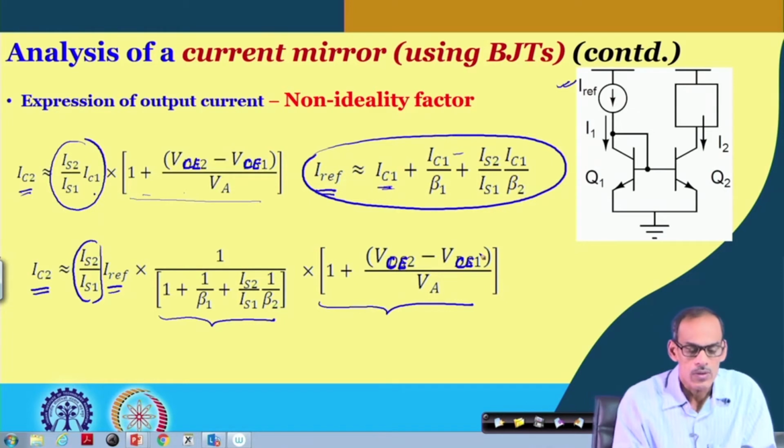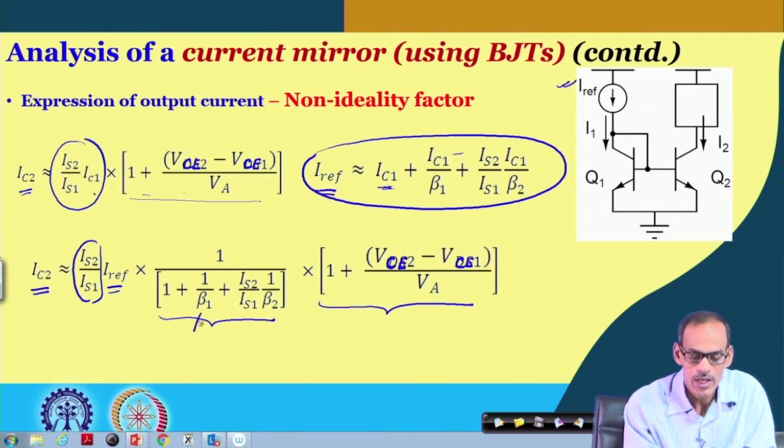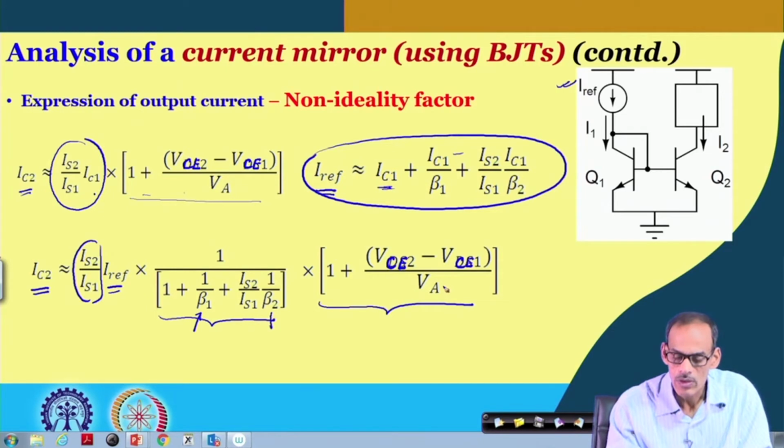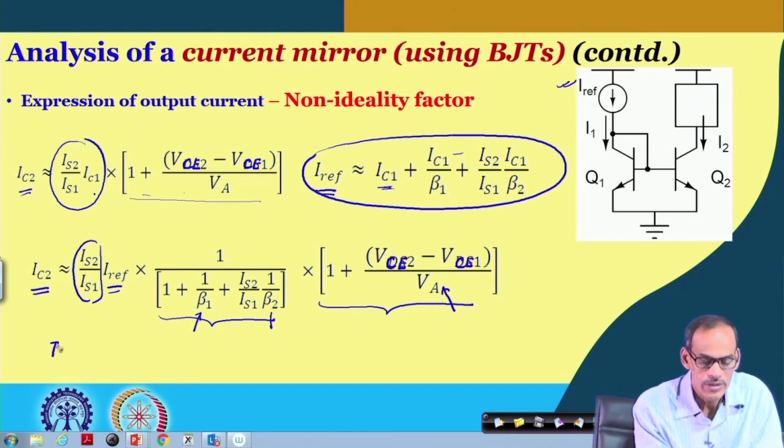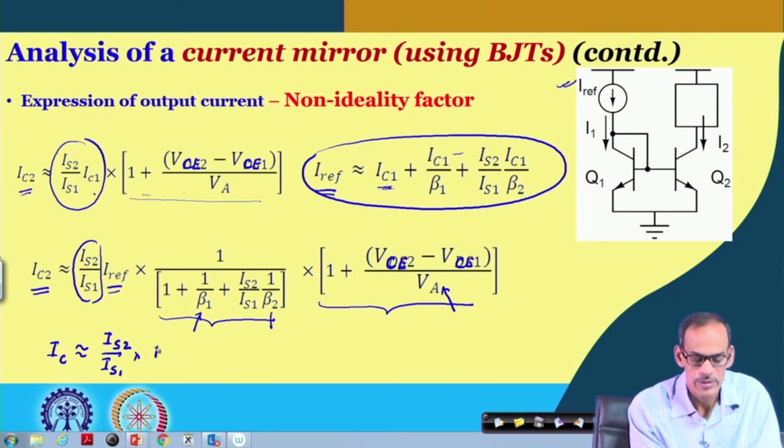Okay. So, now if the situation is ideal, namely if this beta and this beta are very high, and also if the early voltage is very high, then we can say that IC2 is well approximated by IS2 divided by IS1 multiplied by the reference current.